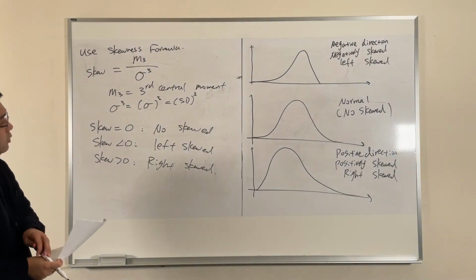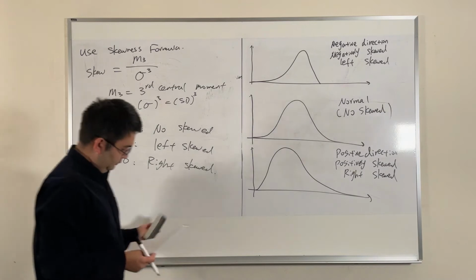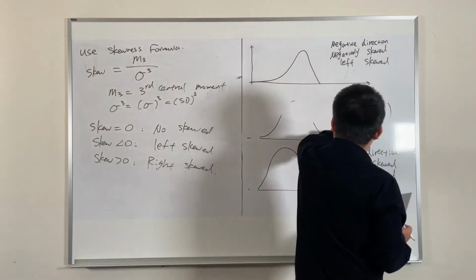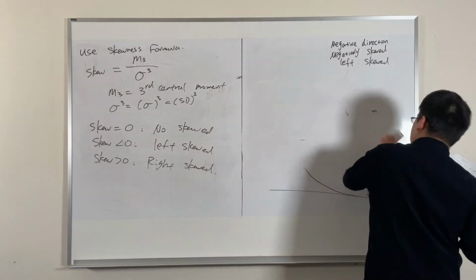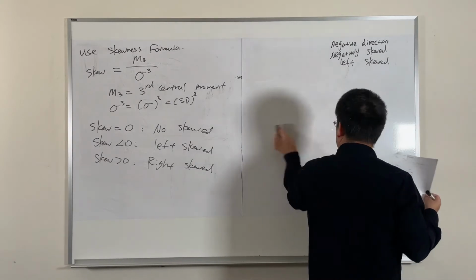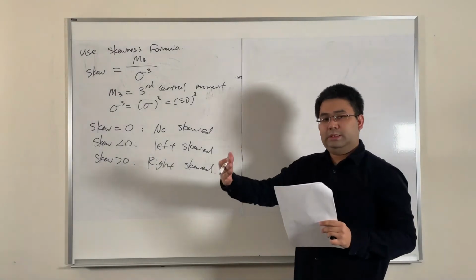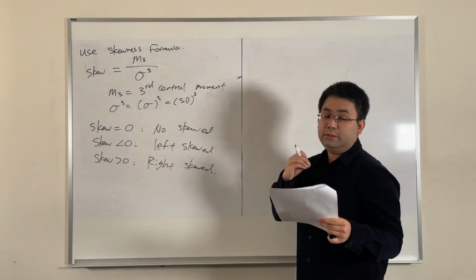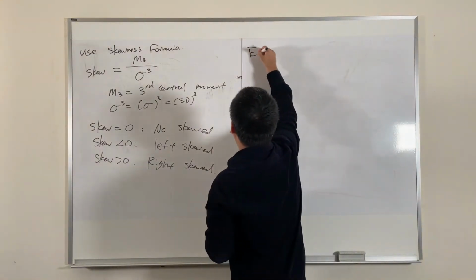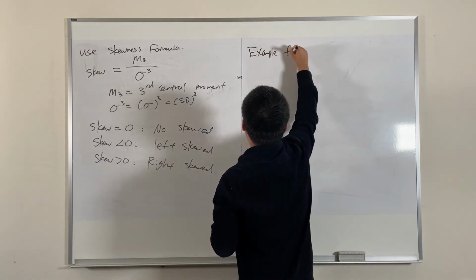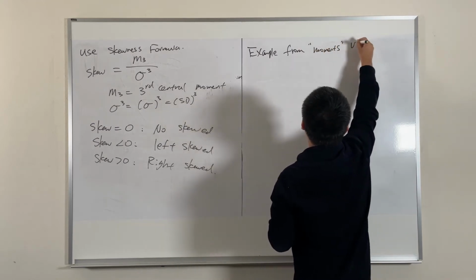Now I want to do an example to show you how you would use this formula. In this example, I'll be using exactly the same set of numbers as in my moments video, the example from the previous moments video.